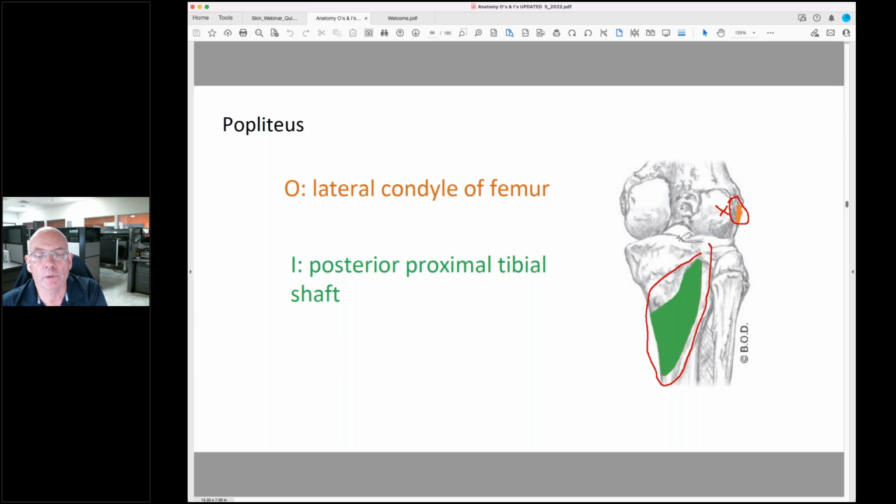So when we talk about connective tissue, they'll talk about the meniscus, which is basically a disc of connective tissue, kind of cushioning right here, the femur coming down, sitting on the tibia here. All right. If you have an injury to the popliteus, it can mimic a meniscus tear. If this gets torn, it can be very painful.